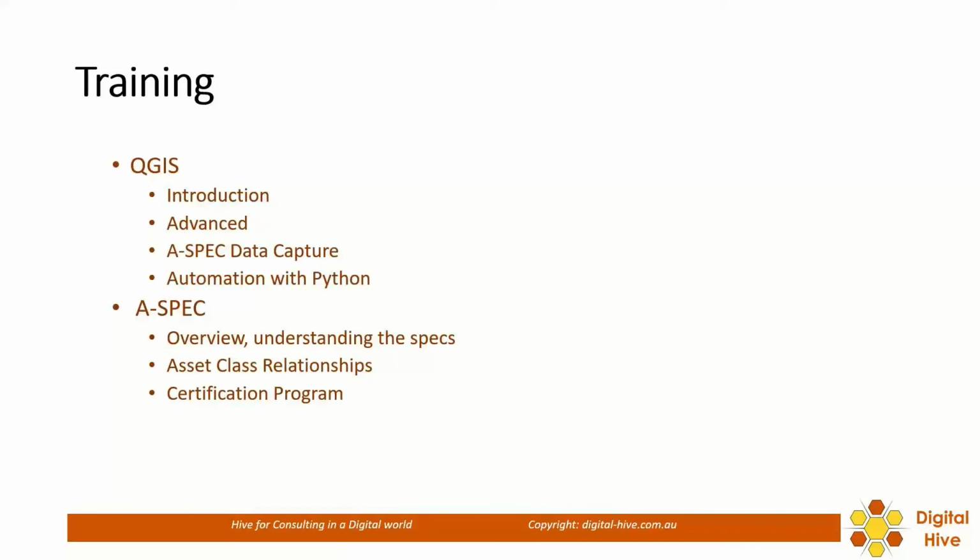As far as A-SPEC is concerned, we're already offering overviews of understanding the specs, just a basic overview of each of the specs. And we look at asset class relationships. You know, none of these asset classes are standalone. There's always a bigger context.